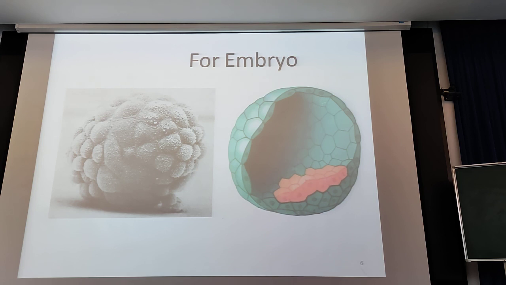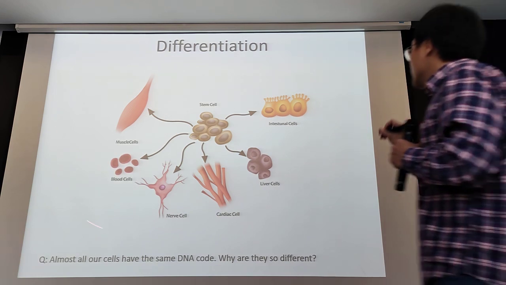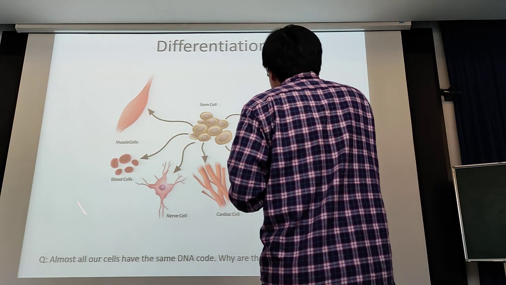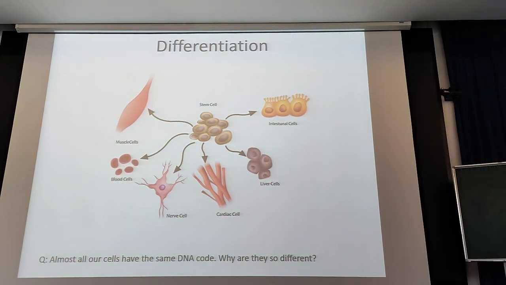And how can it transform one cell into different cells with different morphology? All these cells have the same genetic background. The genetics are the same. The blueprint is the same. But how can it develop into different cell states like this?